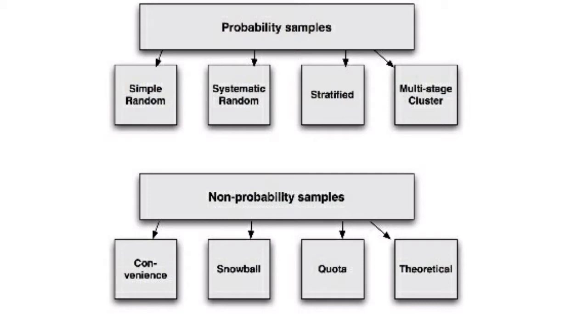Now let's see snowball. Snowball is a very special type of sampling in which we take sample, and when we interact with any person for taking sample, we take advice and information from the person for further sampling. So it is a very special type of sampling. This is known as snowball sampling.